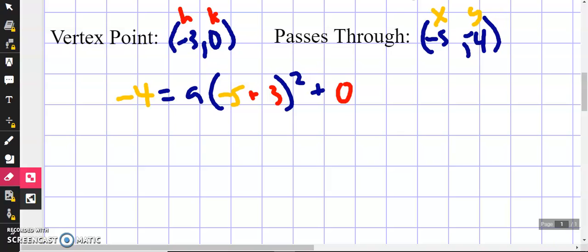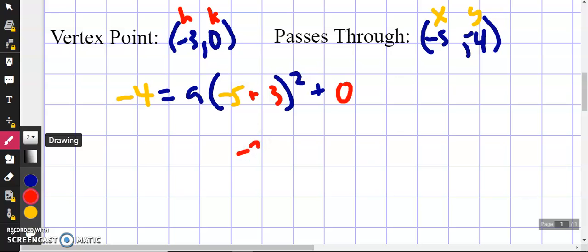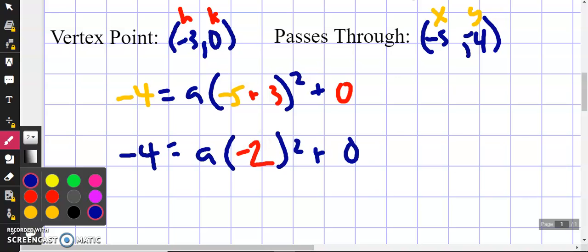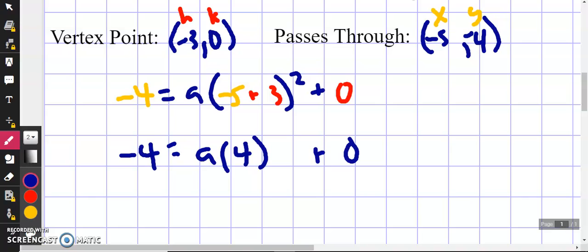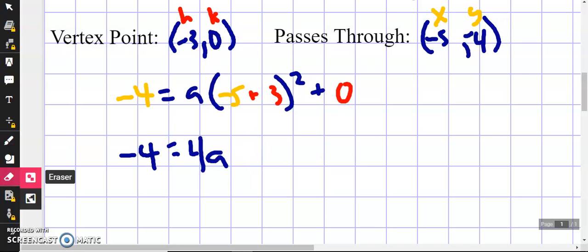So -5 plus 3 is again going to give me that -2. Next, I'll do the exponents. So -2 squared will change to 4. Then we'll do the multiplication. So a times 4 can change to 4a. And of course, plus 0 isn't needed, so we can get rid of it.